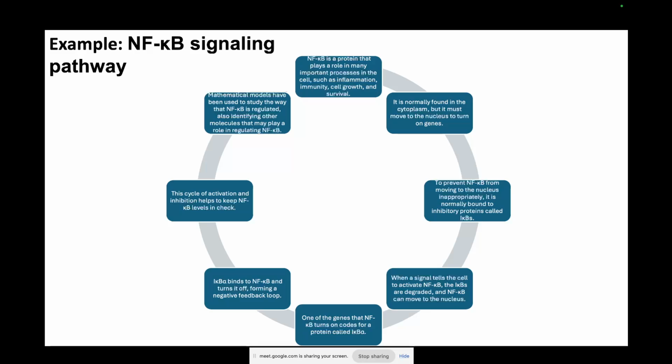So these NF-kappa Bs are basically floating around inside the cytoplasm, and they could easily go inside the nucleus. But going inside the nucleus and regulating different genes there is controlled by another set of proteins called I-kappa B. When a signal tells the cell to activate NF-kappa B, the I-kappa Bs are degraded and NF-kappa B can move into the nucleus.